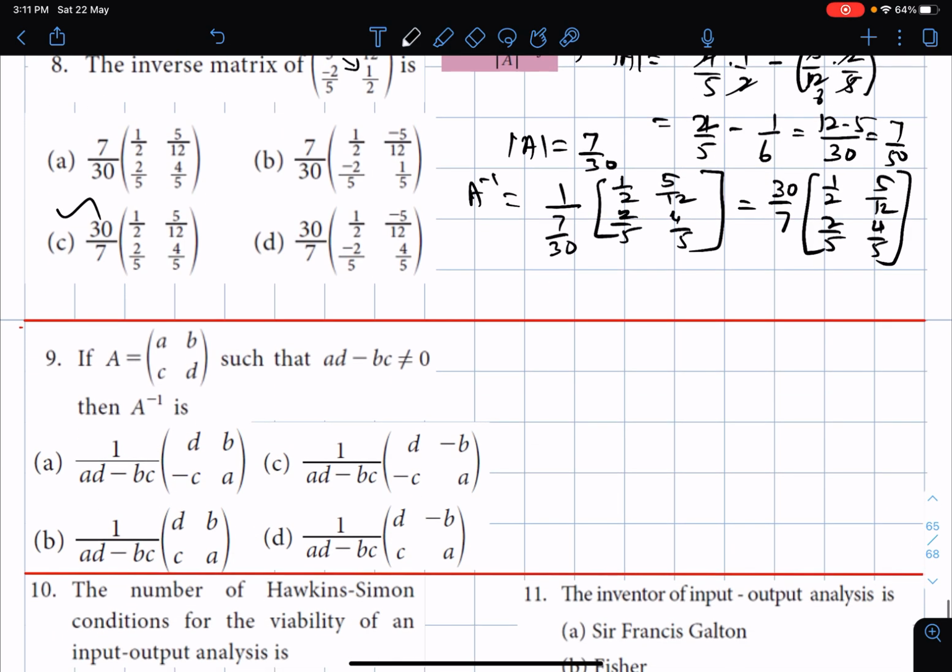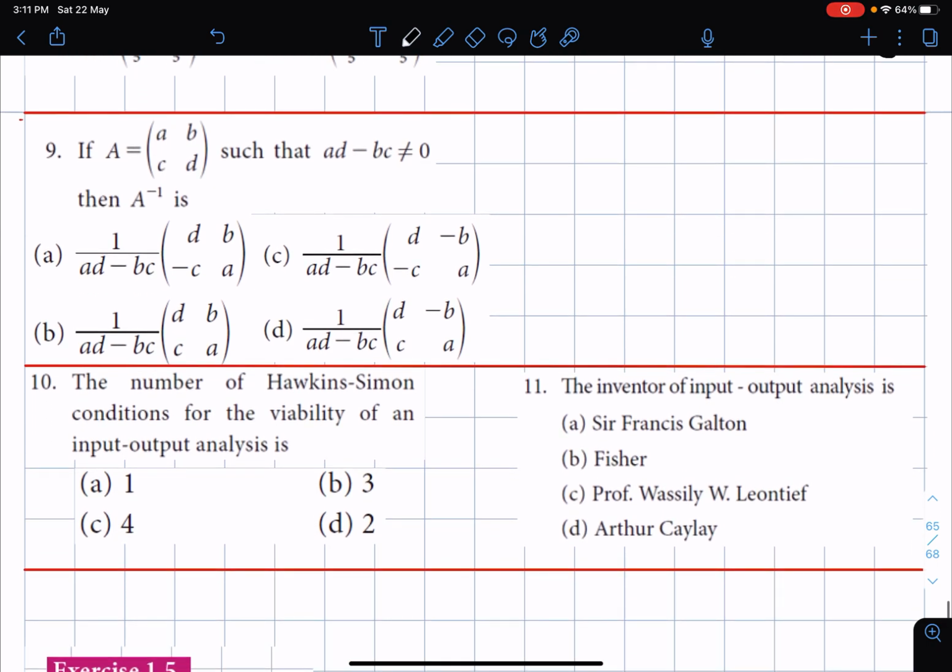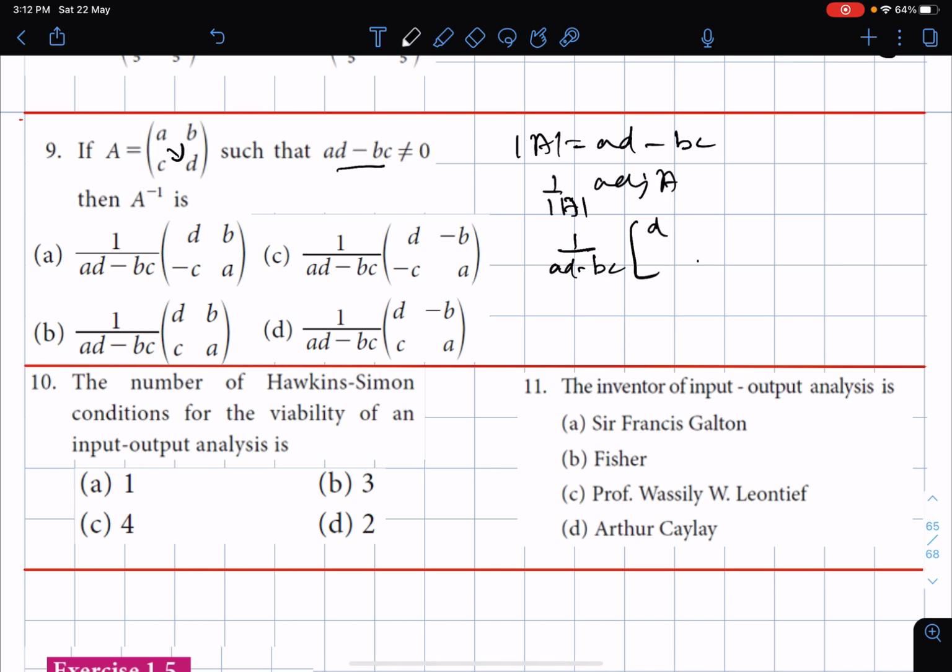Now coming to our ninth sum. If A is given such that AD minus BC is nothing but determinant A, because you are multiplying this diagonal and subtracting, then A inverse is 1 by determinant A into adjoint A. We know how to find adjoint A for a 2 cross 2 matrix, so it is going to be 1 by AD minus BC into adjoint A, where you interchange this and this and put a minus sign over the other diagonal, so it is going to be D, A, minus B, minus C, and here it is AD minus BC.